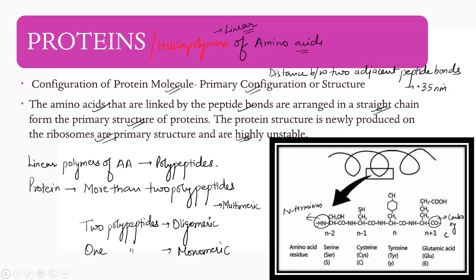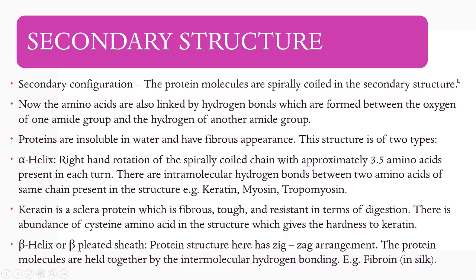Okay. Secondary structure, secondary configuration. The protein molecules are spirally coiled in the secondary structure. Now the amino acids are also linked by hydrogen bonds. So along with the peptide bond, one more bond is present now, that is the hydrogen bond, which is formed between the oxygen of one amide group and the hydrogen of another amide group.